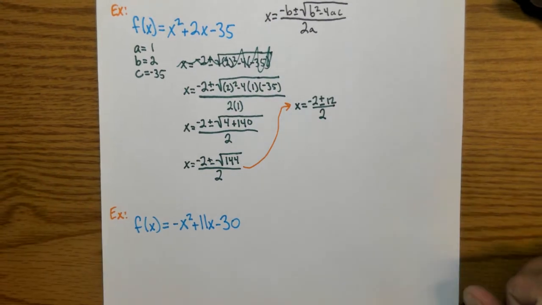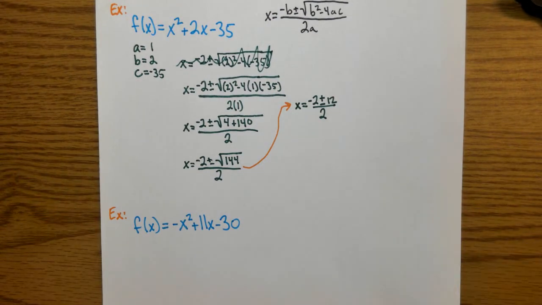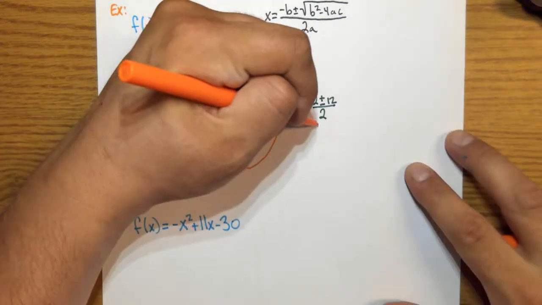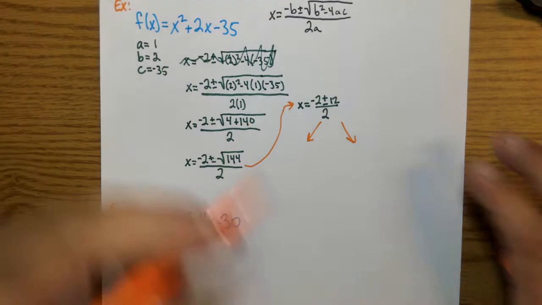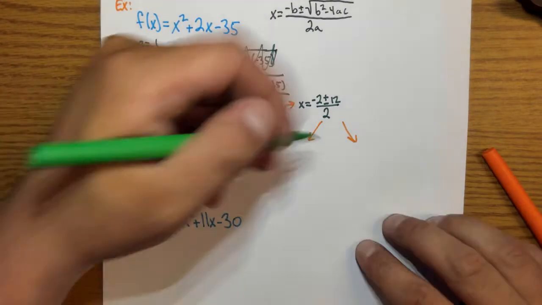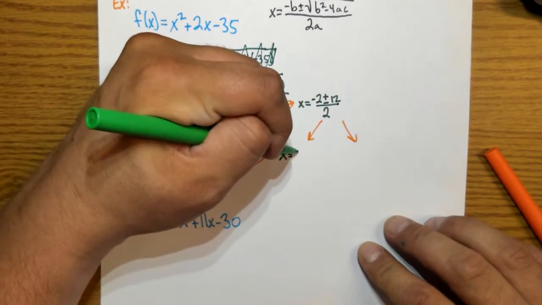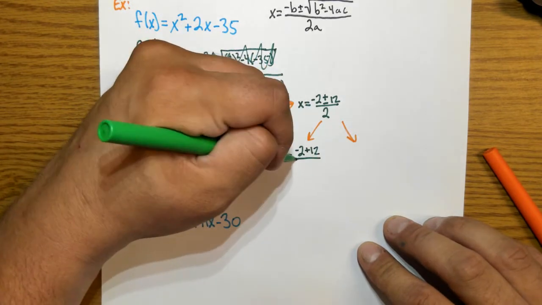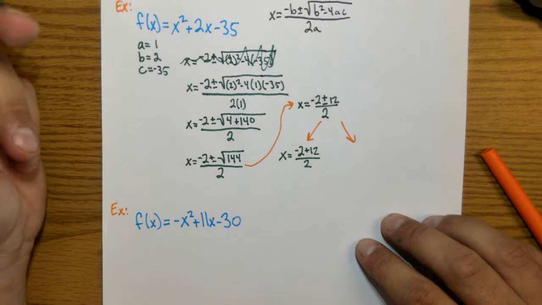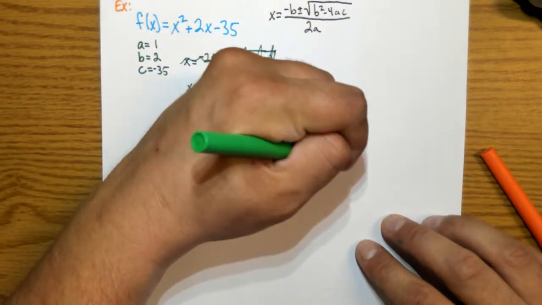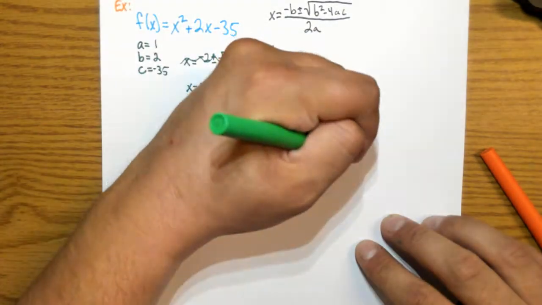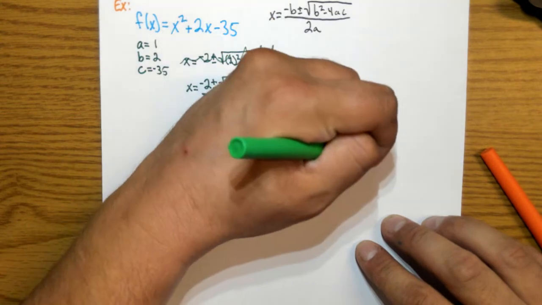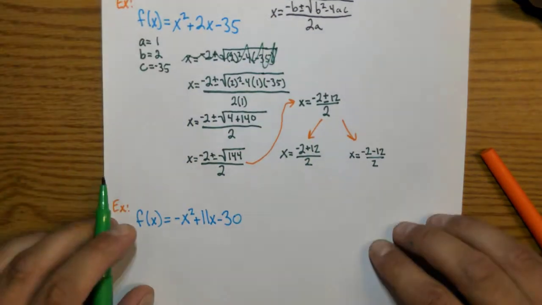Now, this is when we get to the point where we want to split it into two equations, after we take the square root. So, x equals negative 2 plus 12 divided by 2. And the other one is going to be x equals negative 2 minus 12 divided by 2.